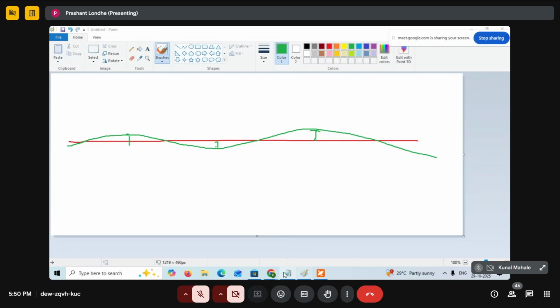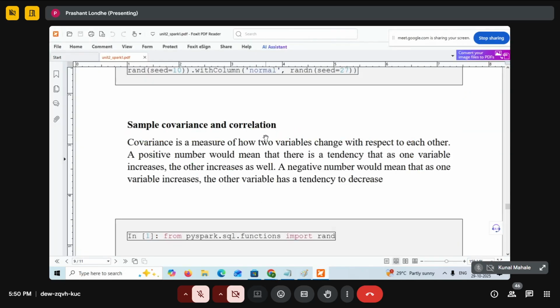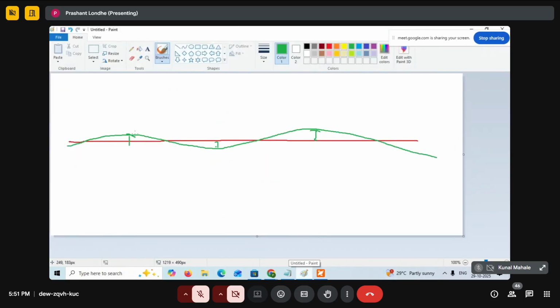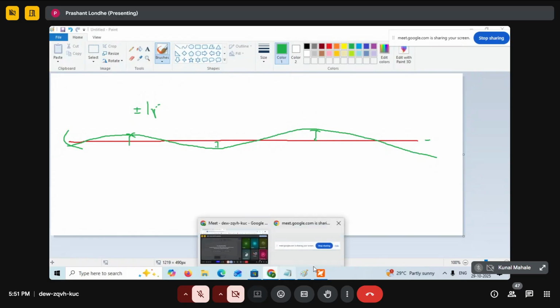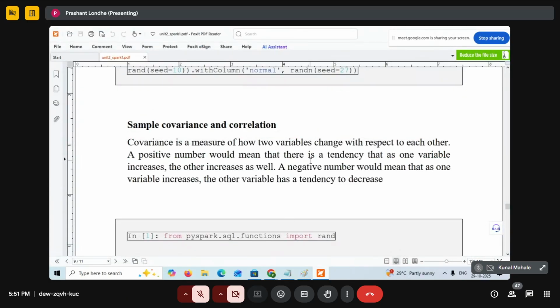So we are able to find out how these two variables are going to change according to each other. So we definitely get some value as output. We have to check how this model has been derived, and how those two variables are related to each other. The second part is called correlation.